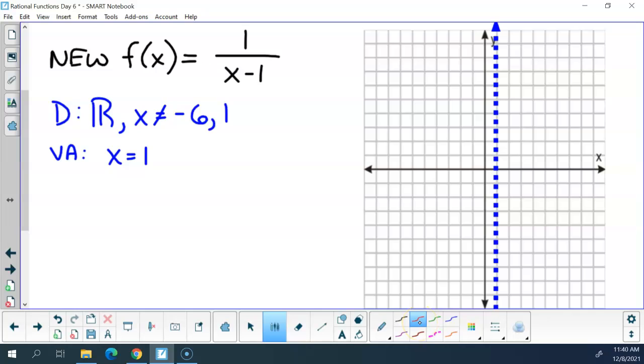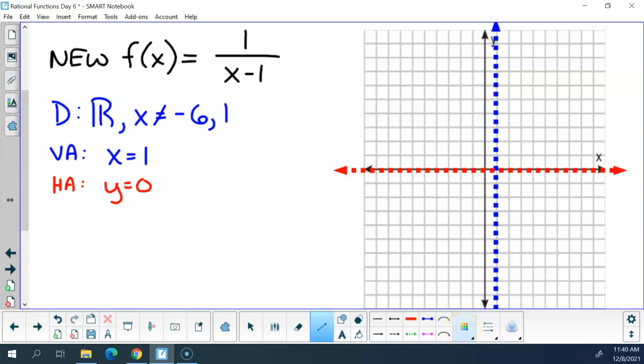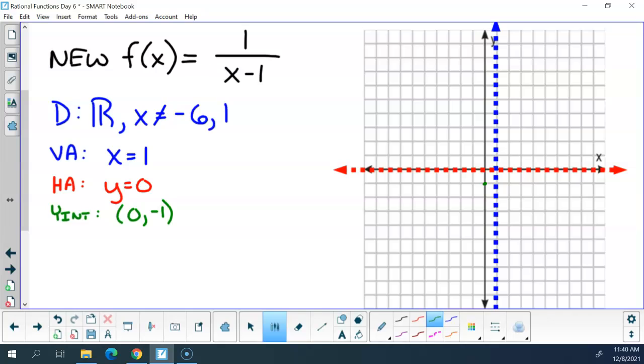Horizontal asymptote. Y-intercept: 0. X-intercept: none.